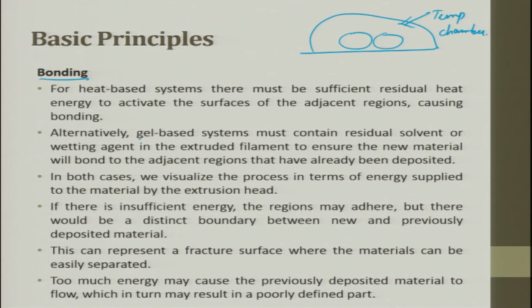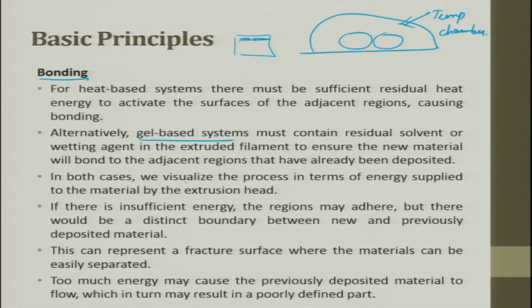Alternatively, gel based systems must contain residual solvent or wetting agent in the extruded filament to ensure the new material will bond. It is just like a glue stick and paper, you have glue put on the top and then you have a paper. So, that is something like that. Wetting agent in the extruded filament ensures the new material will bond to the adjacent region that has already been deposited.